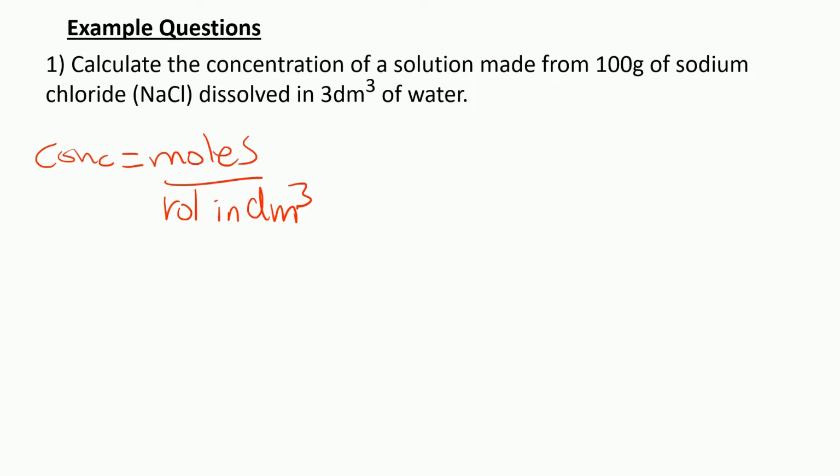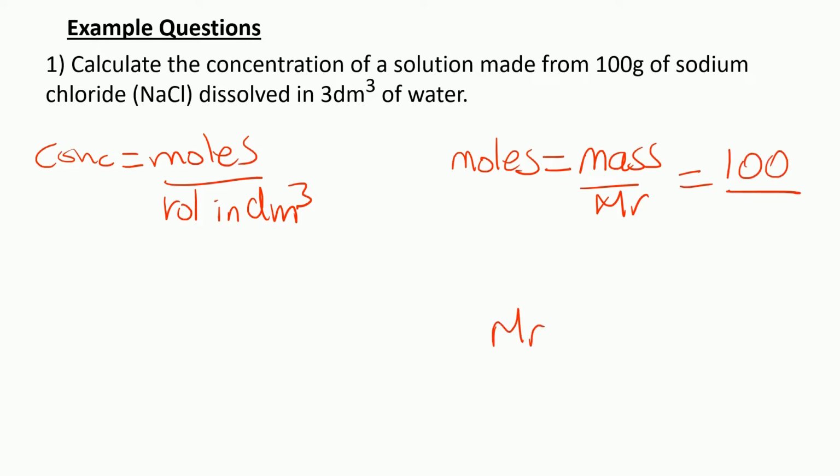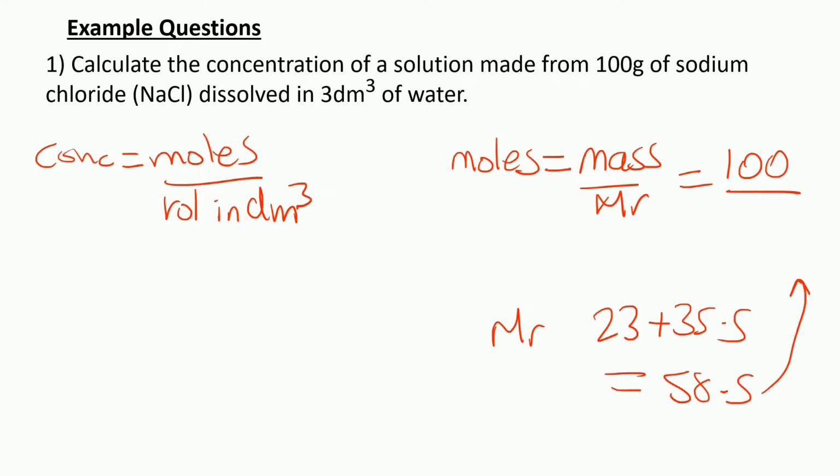First of all we need to work out the moles, and we remember from previous videos moles equals mass over Mr. So the mass of sodium chloride is 100, so therefore we need to work out the Mr, and sodium has a mass of 23 and the chlorine part is 35.5, so that comes to 58.5. We put this in the equation up here, and 100 divided by 58.5 is 1.71 moles, which we can then put into the equation over here.